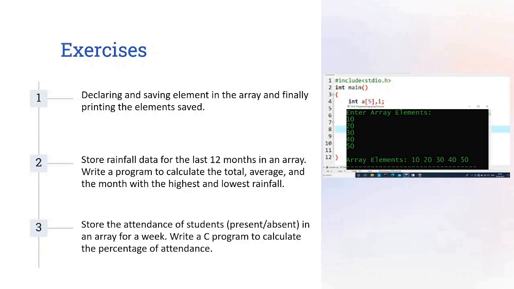Write a C program to calculate the total, the average, and the months with the highest and lowest rainfall. Third, store the attendance of students, either present or absent, in an array for a week, and write a C program to calculate the percentage of attendance. That's it. Thank you.